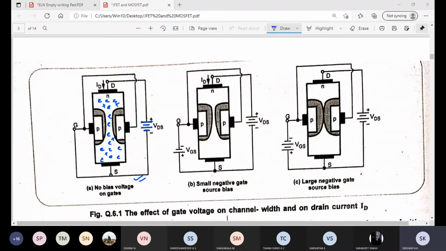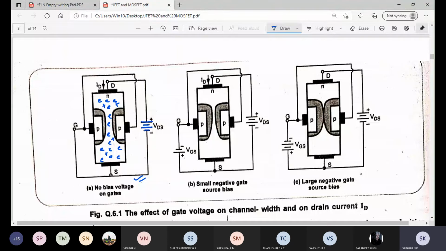The majority charge carriers are electrons in case of N-type semiconductor. Yes, sorry, there was a call.